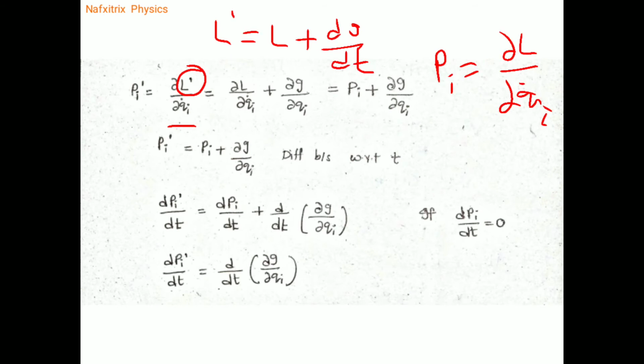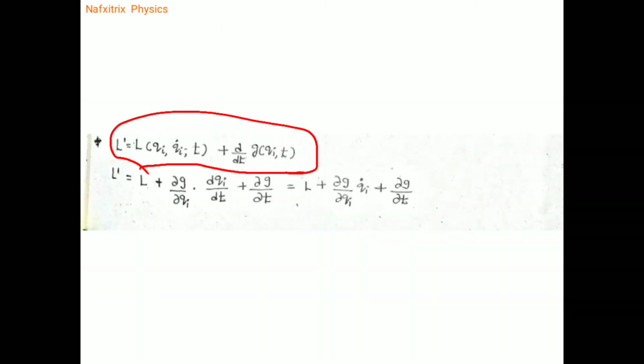Based on this, we differentiate L dash with respect to q_i dot, and similarly dou g by dou t, whose expansion we have found. So this is the expansion of dou g by dou t. If we differentiate this with respect to dou q_i dot, this term is kept aside.